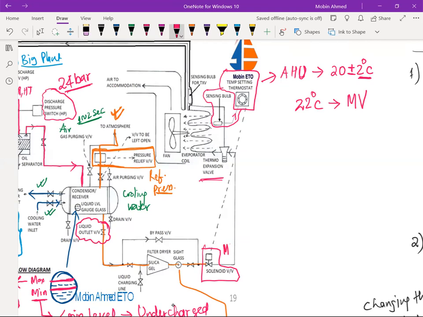So this magnetic valve is going to be on. Now, if the incoming air temperature is 18 degrees centigrade, because plus minus 2 degrees means a 4 degree range is fine, this magnetic valve will be off. So this is how the thermostat controls this solenoid valve. It is going to be on and off as per the temperature setting in the thermostat.